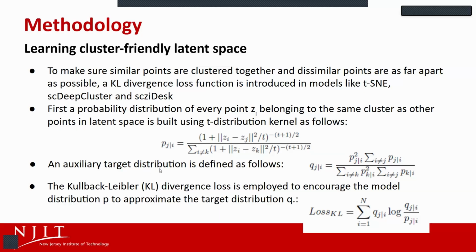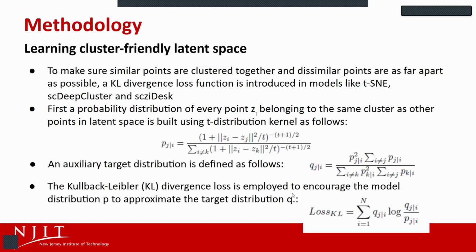So here is an auxiliary distribution, the target distribution, which is defined as follows. The auxiliary target distribution has sharper tails and more prominent peaks than the original T distribution.